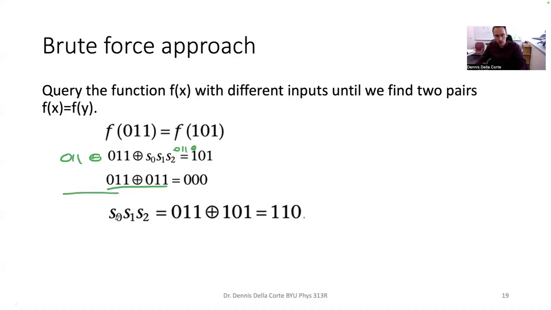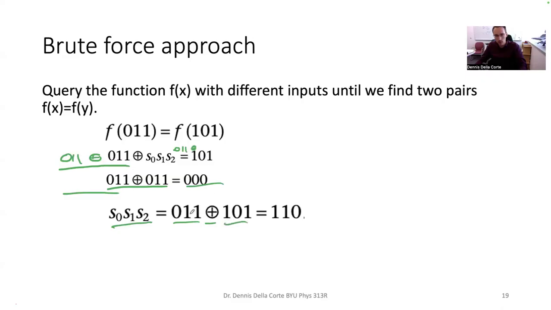So this is going away, right? This is just 0, 0. It doesn't do anything. So I'm just ended up with s0, s1, s2. And then on the right side, I have now the 011 C knotted with the 101.